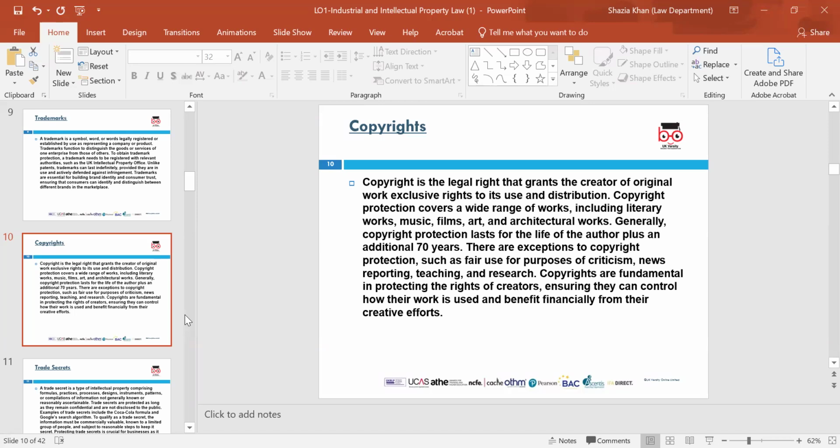Copyright covers works such as company documentation, software, and songs. It could be original paintings, drawings, or photographs. Copyright also protects sound recordings and films. So it's quite wide.